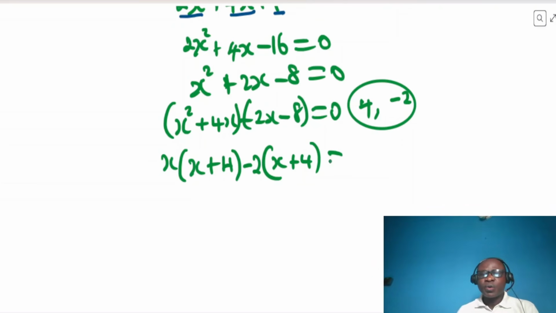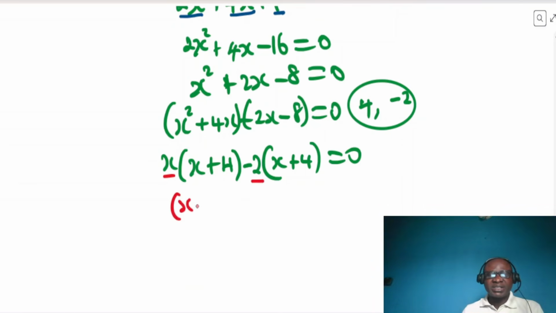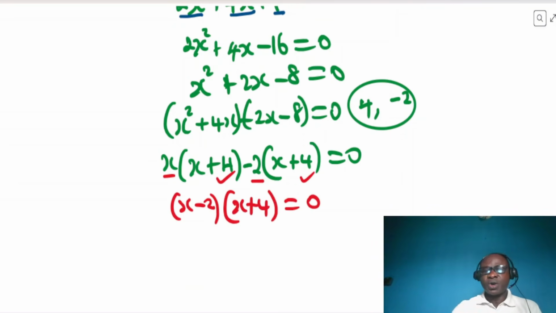Therefore, if you use minus 2 to multiply x, you get minus 2x. And when you use minus 2 to multiply plus 4, you get minus 8. It balances well now. I will use this x here and this minus 2 to form a bracket, that means x minus 2. Then I will take one of the brackets because they are the same, x plus 4. All this now is equal to 0.